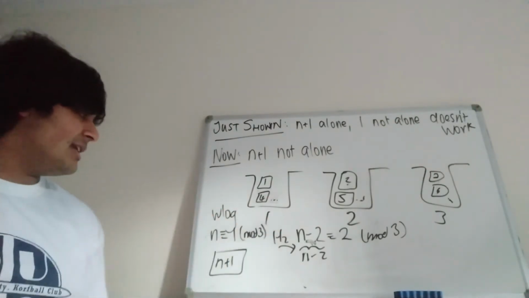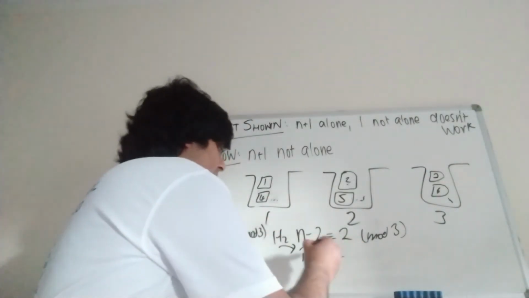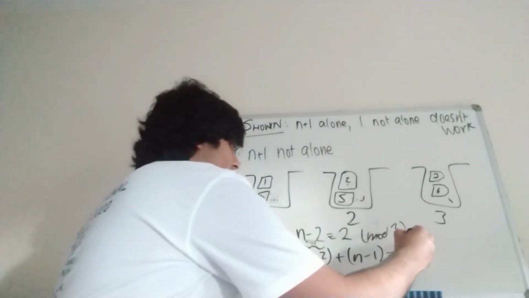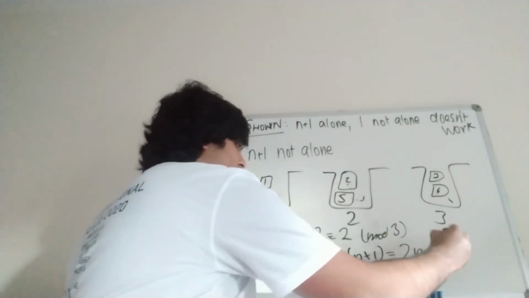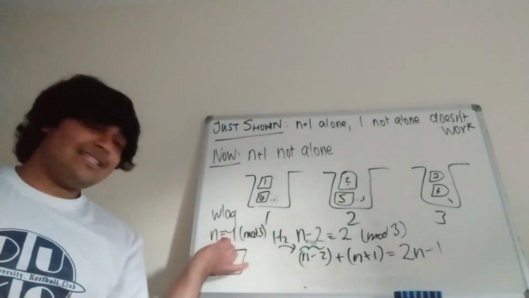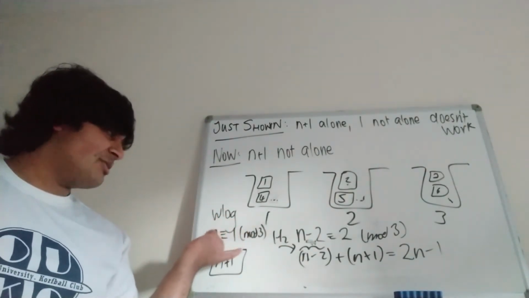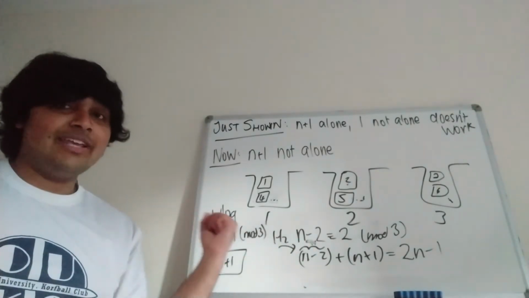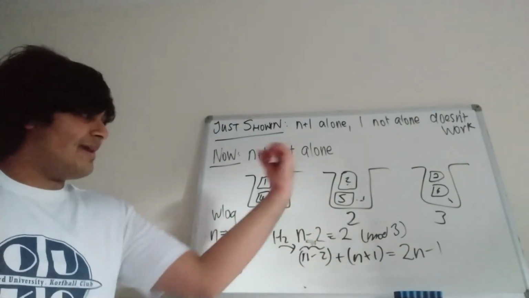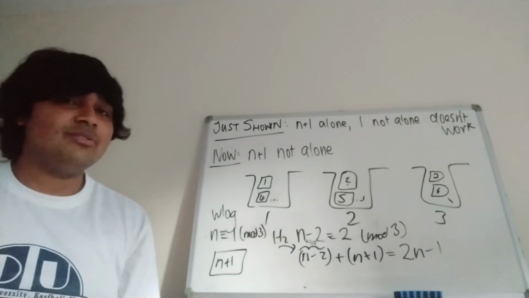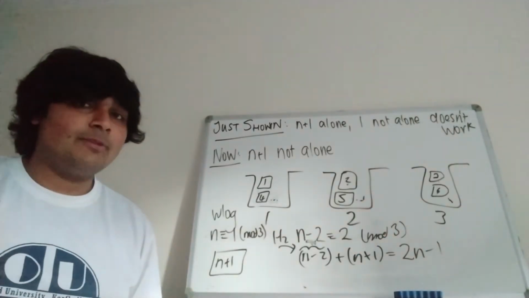But then n minus 2 plus n plus 1 equals 2n minus 1. Because we're assuming that this doesn't go in H2, where it should for the modulo distribution, we can take n minus 2 from hat 2 and then n plus 1 from whichever hat it goes into, and it's going to sum to 2n minus 1.